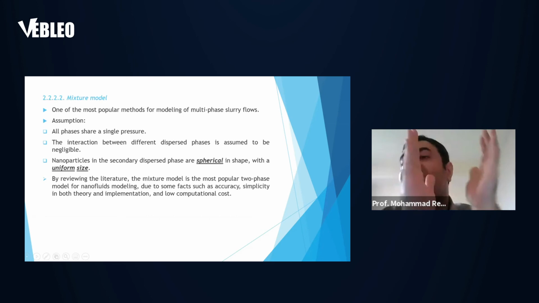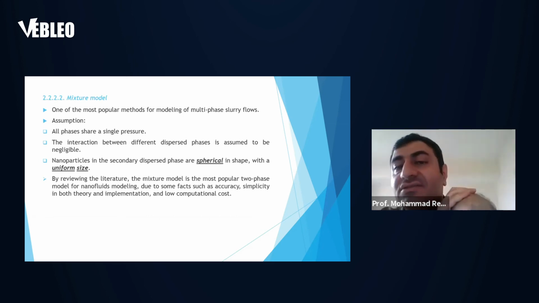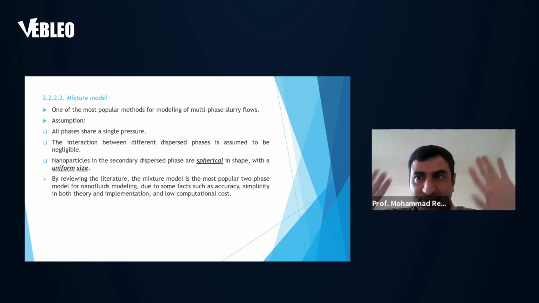If you see a paper that used non-spherical nanoparticles, like carbon nanotubes, which are tubes, or graphene nanoplatelets, which are plates, and they used the mixture model, please consider that this modeling is completely wrong, because this model is just for spherical particles.